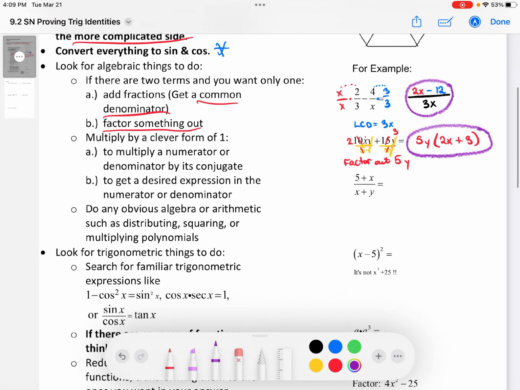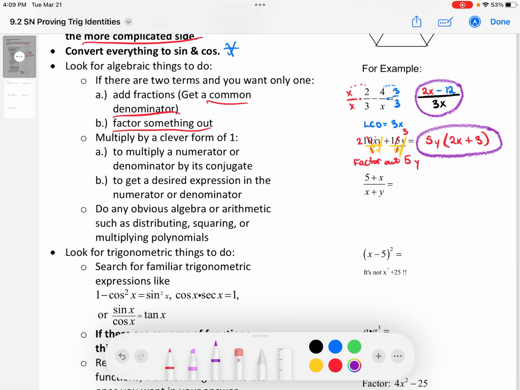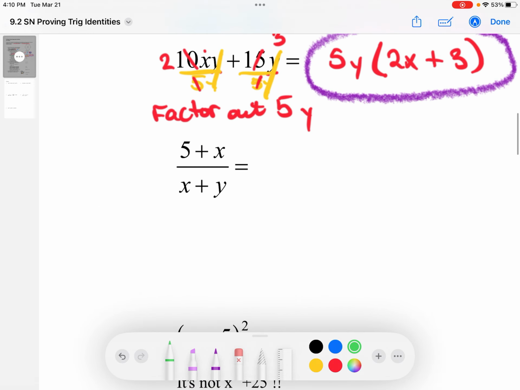Okay. On the next one, the next bullet here, talks about multiplying by a clever form of 1, multiplying by anything over itself. One thing we can do is multiply by what we call the conjugate of a denominator.